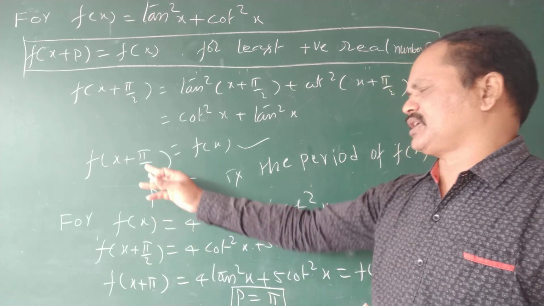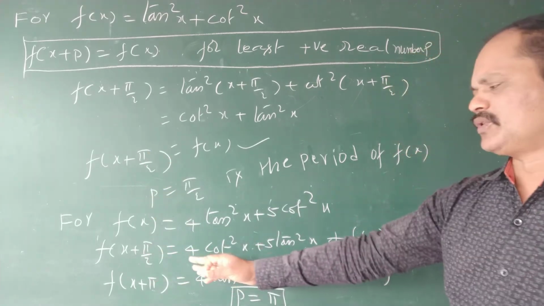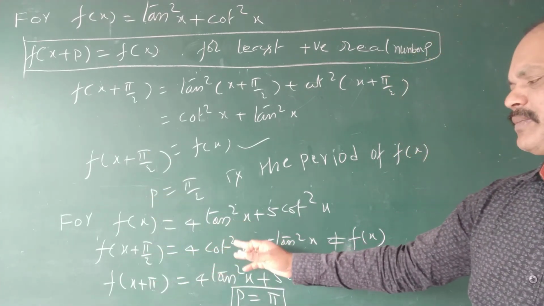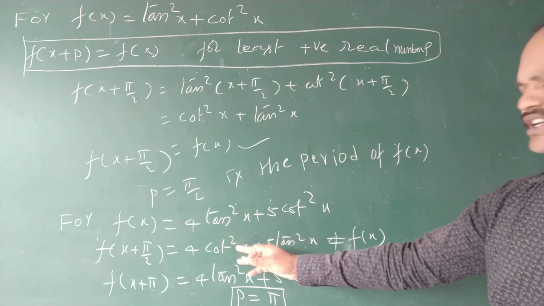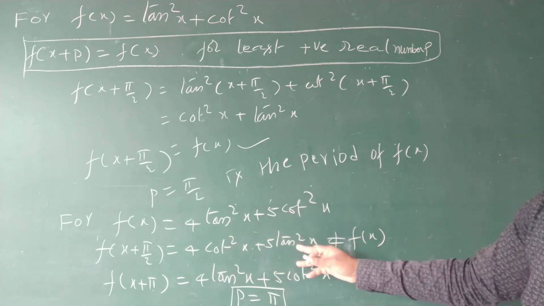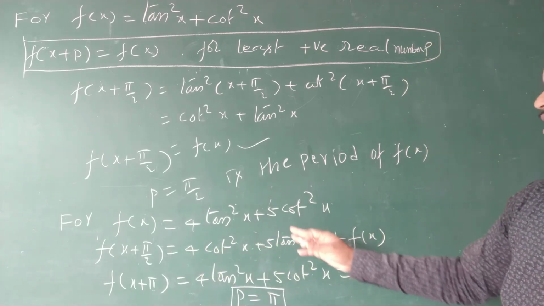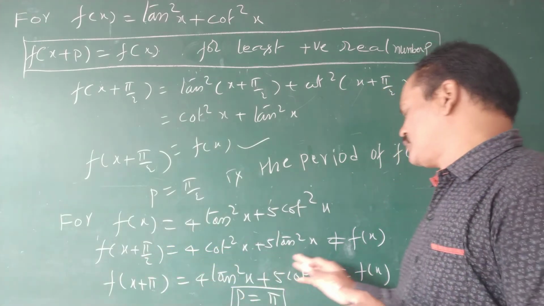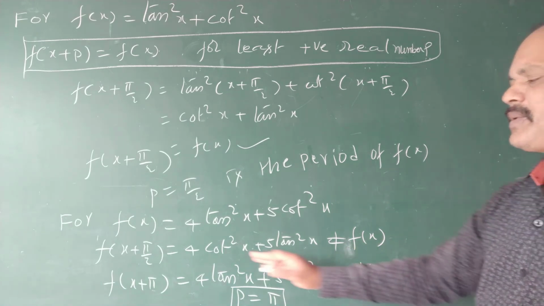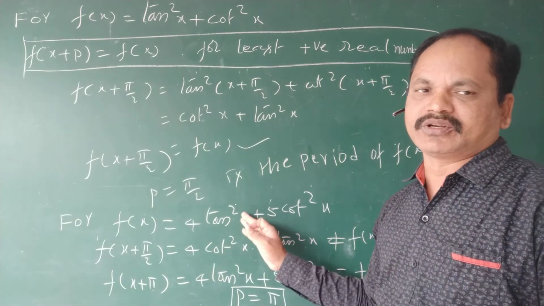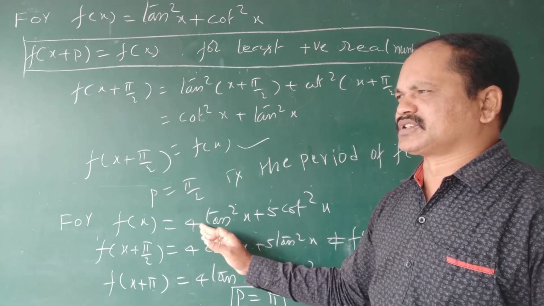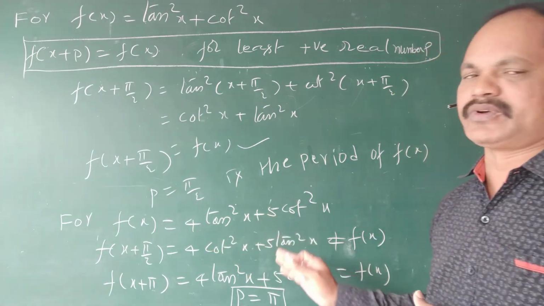Tan square of pi by 2 plus x is cot square x, and cot square of pi by 2 plus x is tan square x. That's why the function will be changed. So f of x plus pi by 2 is not equal to f of x. That's why pi by 2 is not the period for this one, where the coefficient of tan square x and the coefficient of cot square x are different.